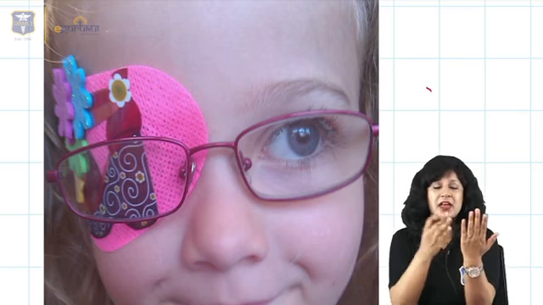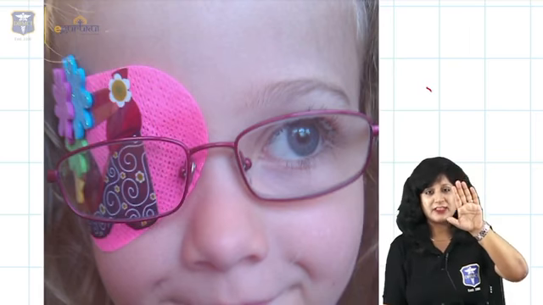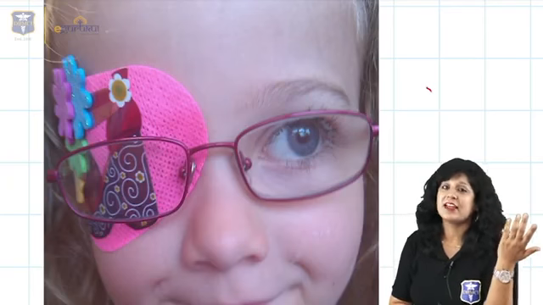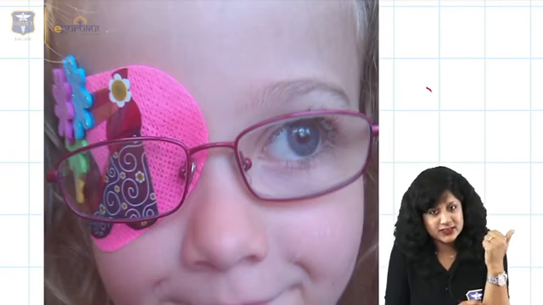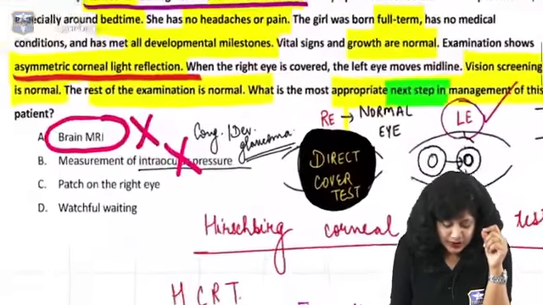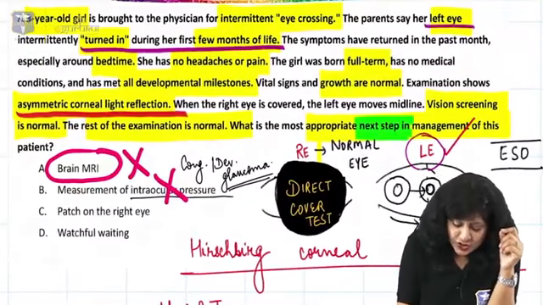Sometimes what we do is put these patches on the opposite side so that they are able to see those patches. They are seeing their favorite cartoon characters. So that is the ideal thing. If you see option C, patching on the right eye.